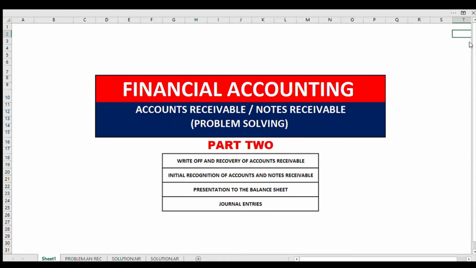Again, the same with the accounts receivable, we will also be focusing on the recognition of the note receivable and the presentation in the balance sheet as well as the various journal entries.